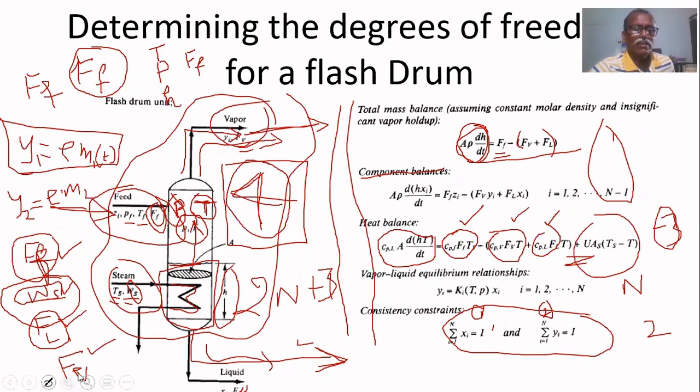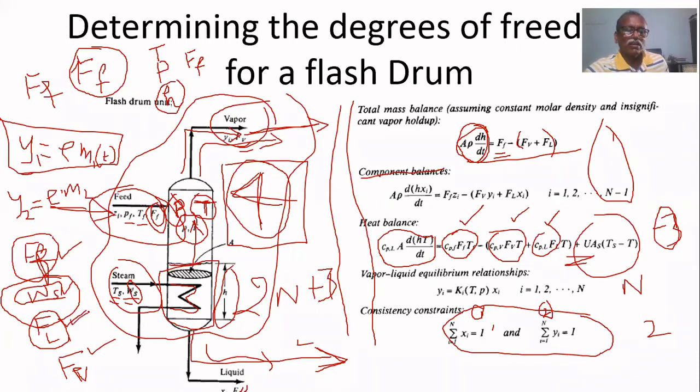Later we'll see FL and FE. If you increase WS, temperature will increase. If you increase WS, pressure will increase. If you increase WS, there is more vaporization, so H will decrease. That's why WS can be used to control H also. If you increase WS, more pressure will be generated, so the downstream pressure for that feed will increase, and the feed will decrease. So WS can be used to control all the four.